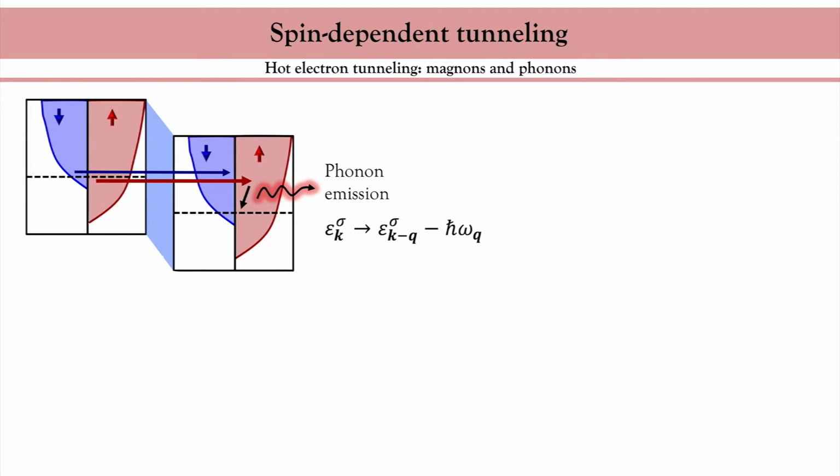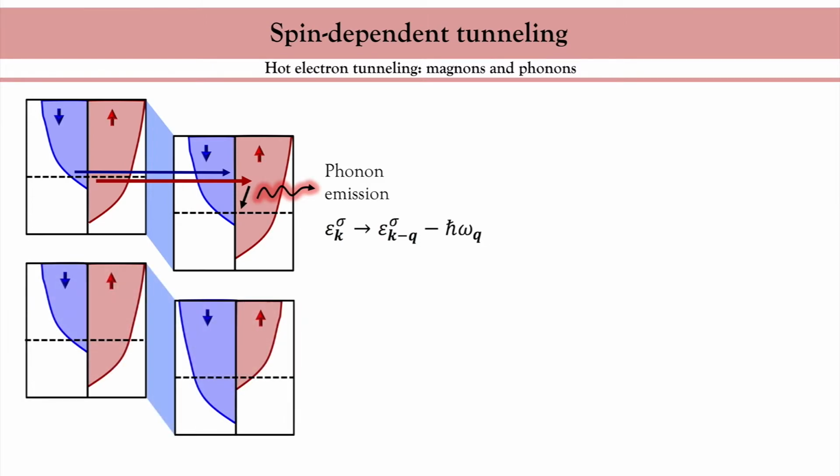Now, because these electrodes are magnetic, the electrons can also relax their energy by emitting a magnon. This mechanism works better in the anti-parallel configuration. Take an up electron from the left electrode tunneling to the right electrode. In the right electrode, its density of states is small, so a priori, the tunneling probability is not very high.